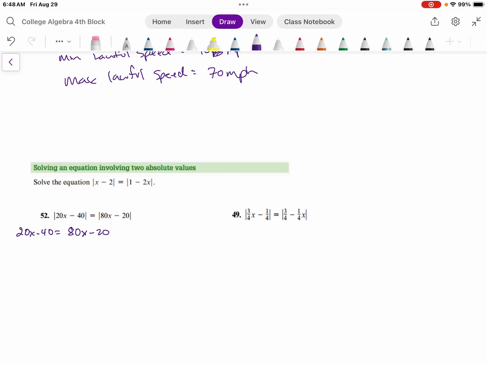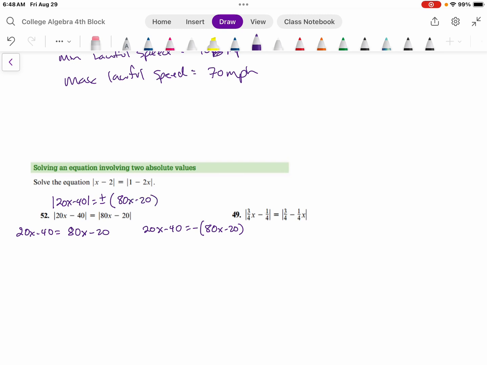Then I'm going to write down the left side again and set it equal to the negative of the other side, which means we have to distribute that negative. So it's almost saying the absolute value of 20x minus 40 is equal to plus or minus the whole other side. That's in a way what we're treating it like.